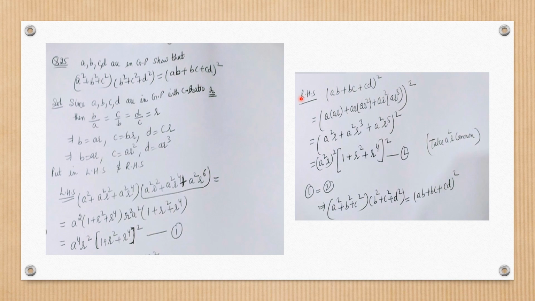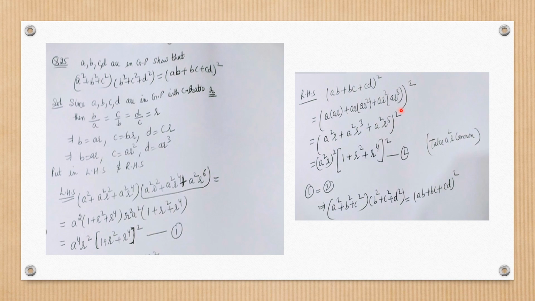And now solve this one, (AB plus BC plus CD) whole square. So you replace B by again AR. So this is A into AR, B value is AR square plus AR square AR cube, and this is inside your whole square. So from here A square R cube, this is A square R5 whole square. From here I can take A square R common. See, it is present with everyone.